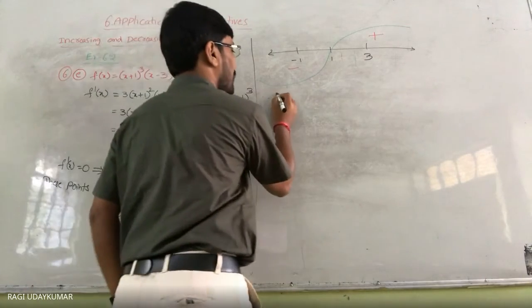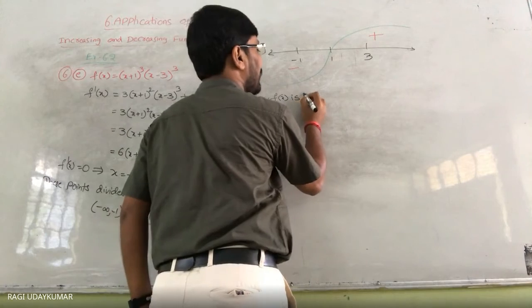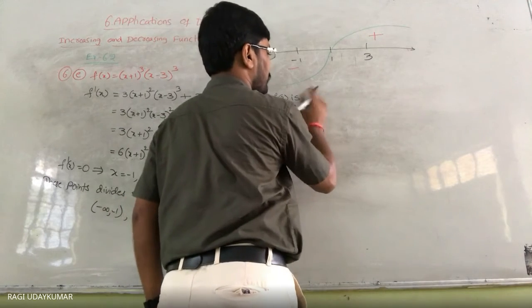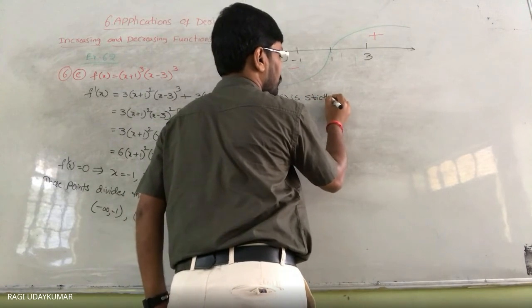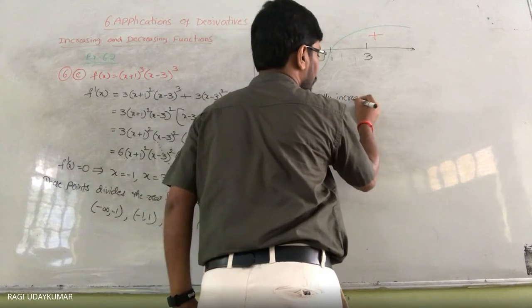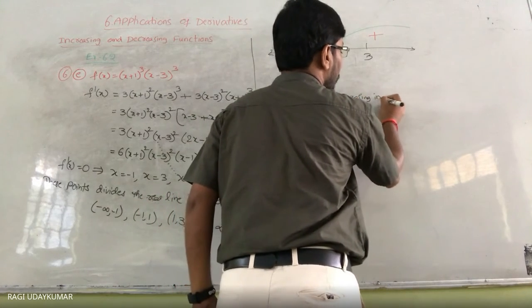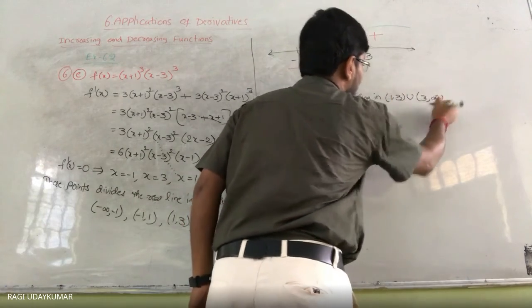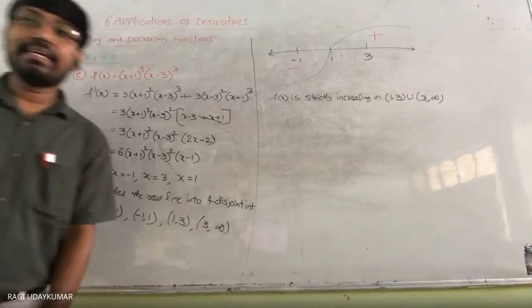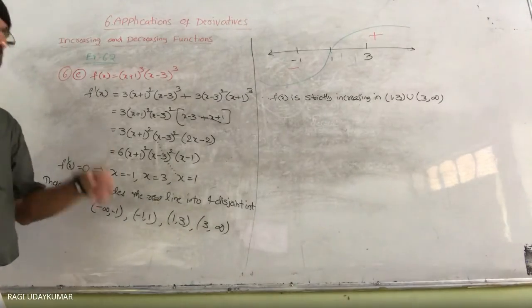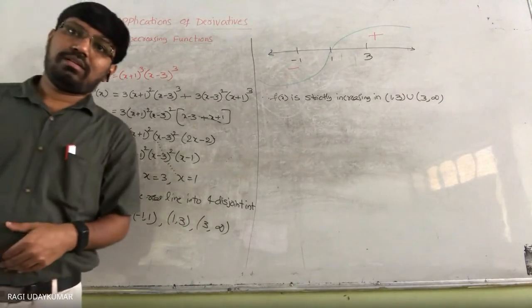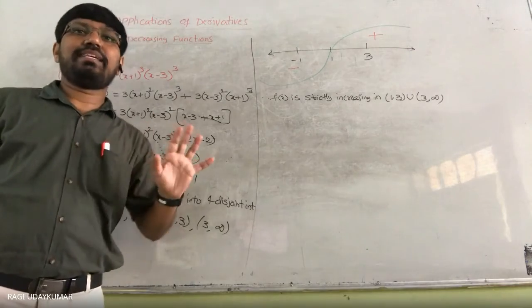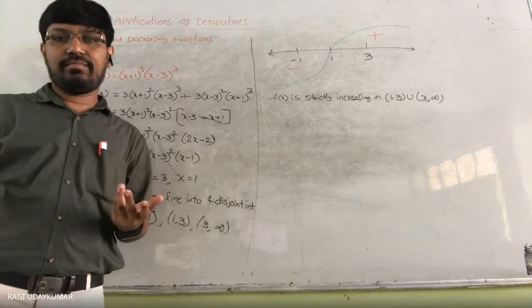So therefore f of x is strictly increasing in 1 to 3 union 3 to infinity, because at the place of 3 it is neither increasing nor decreasing, f dash of x value is 0, constant over at the place of 3 का placement, so 1 to infinity नहीं लिखना.